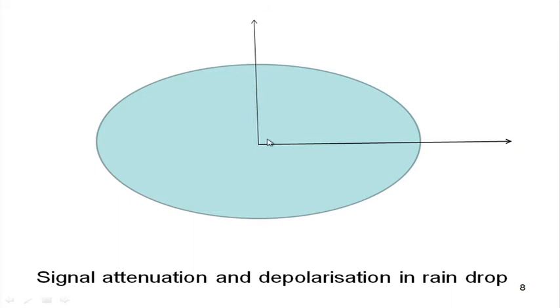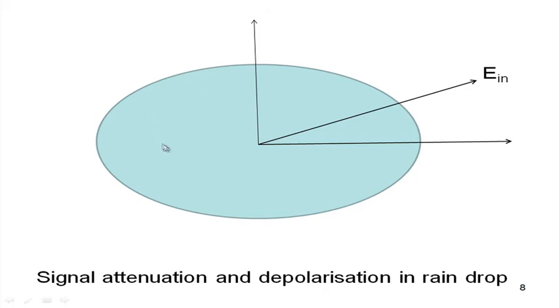It has a major axis and a minor axis, and let us say there is an E vector, that is the electromagnetic E field, falling on that raindrop at a particular angle. So this is E in, the E vector which is coming into the raindrop. There will be some scattering when the transition takes place, but what happens inside the raindrop?